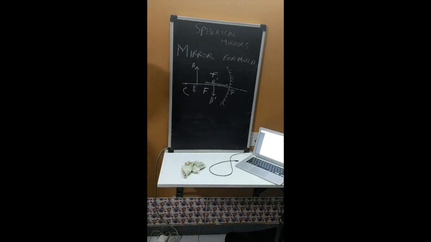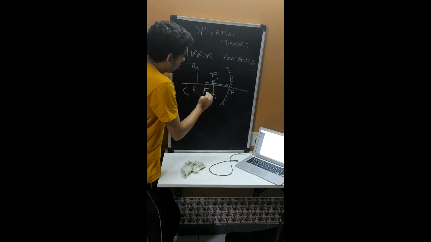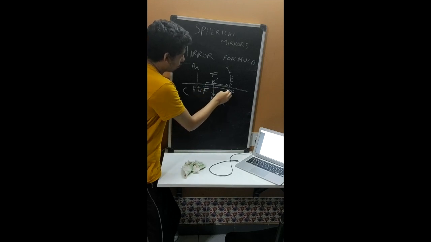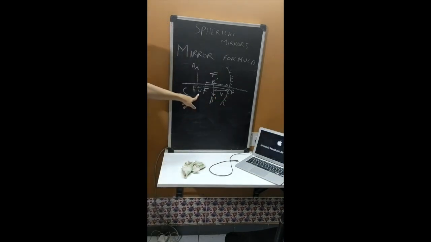Okay. Now, the distance of the object from the pole will be u. The distance of the image from the pole will be v. u is the distance of the object from the pole.